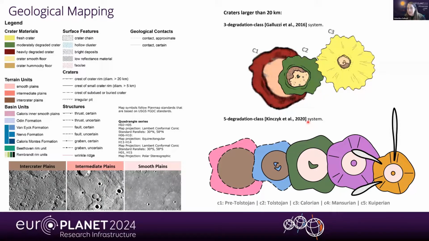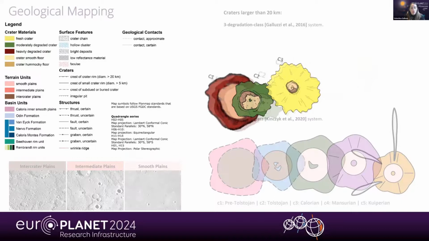In our case, for the European mapping project of Mercury, we mainly use globally a 3 classification stage system for crater degradation, but a 5 degradation class system also exists, which can be used with craters, and you can find details in the Kinczyk et al. 2020 paper, where each degradation stage is usually associated to a Mercury period: Kuiperian, Mansurian, Calorian, Tolstojan, and pre-Tolstojan. So, of course, this is always a relative aging method.